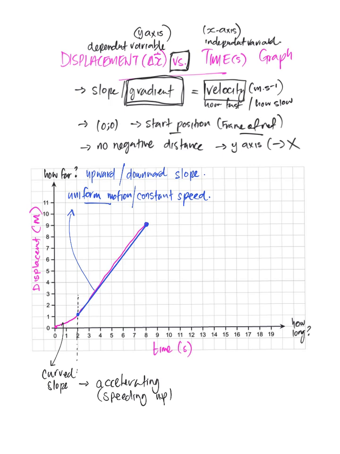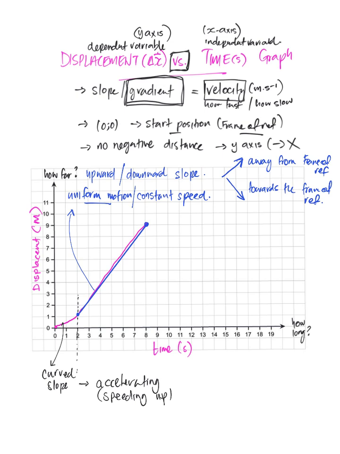If I choose an upward slope, a slope that goes like this, then I am moving away from the frame of reference. If the slope goes downwards like that, I'm moving towards the frame of reference.